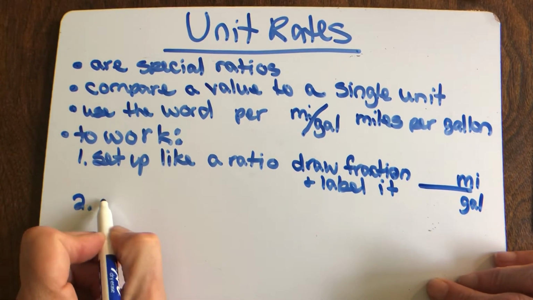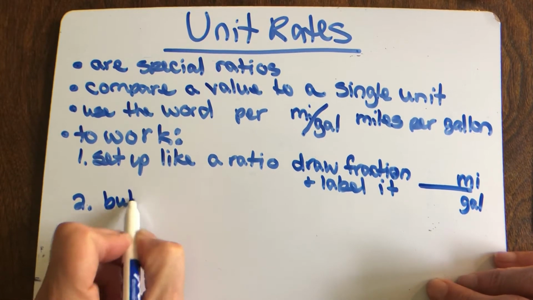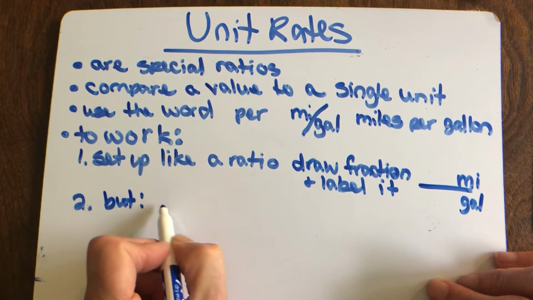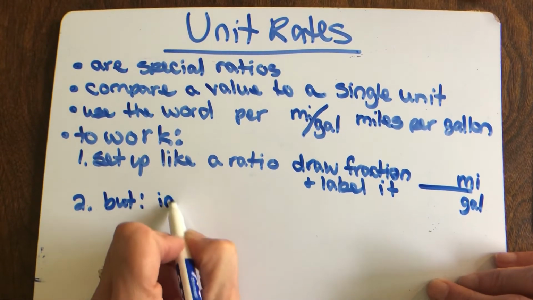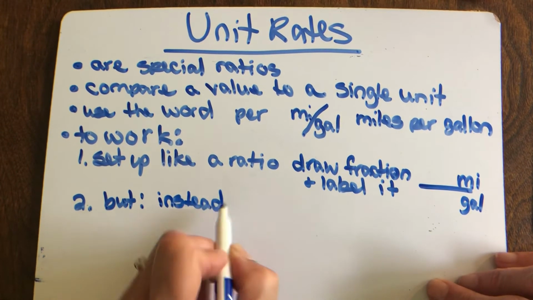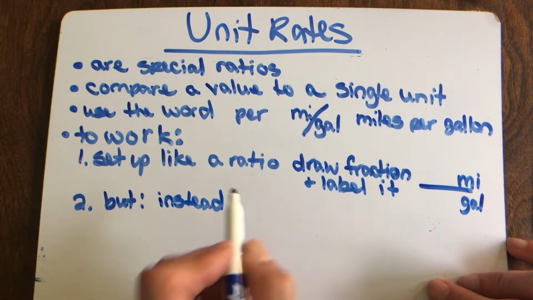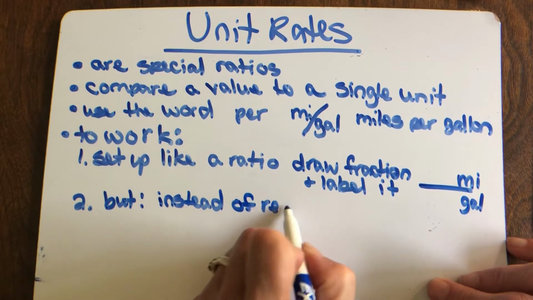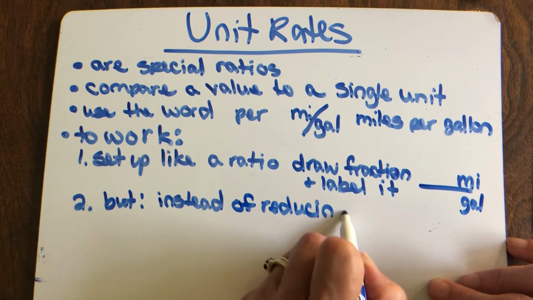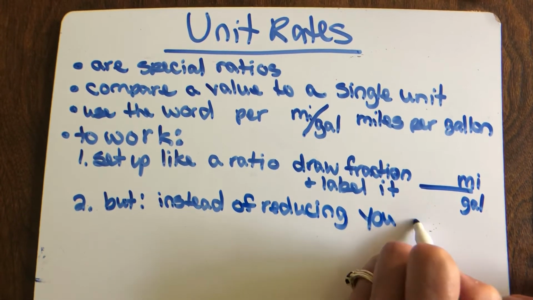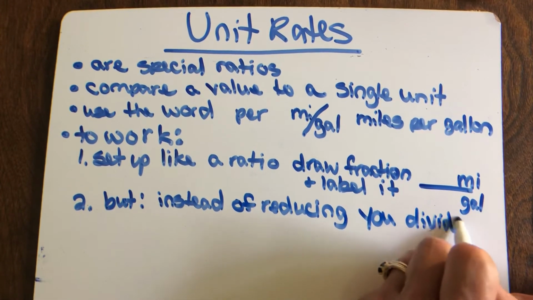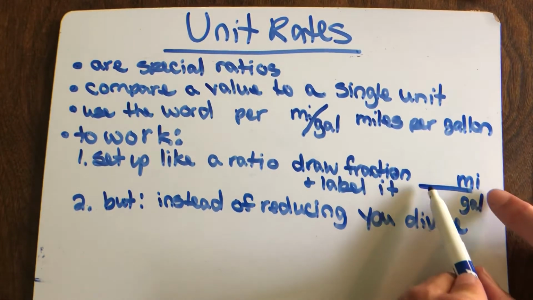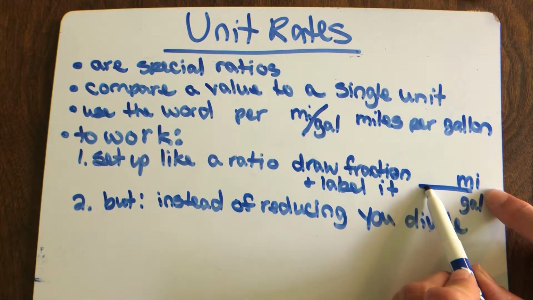But then, here's the key. We don't want to just reduce. Instead of reducing, remember in ratios, we just set it up and reduced it, we were done. So instead of reducing, you divide. Now I need to remind you that this fraction line means division. In math, there's 3 ways to write division, and this is one of them.